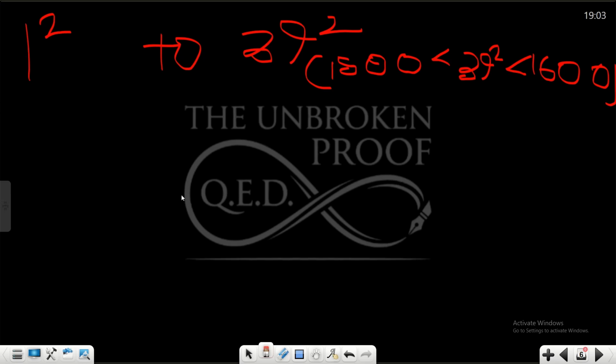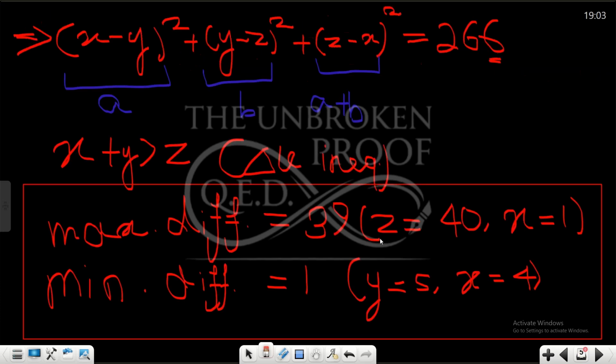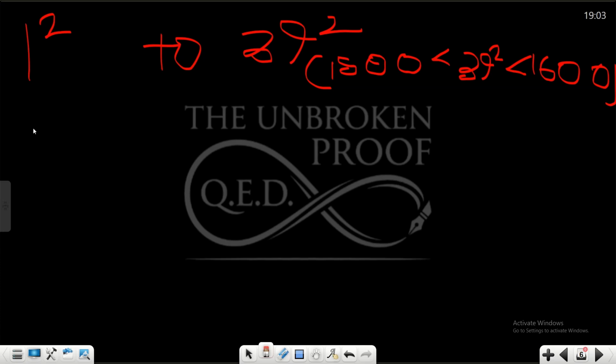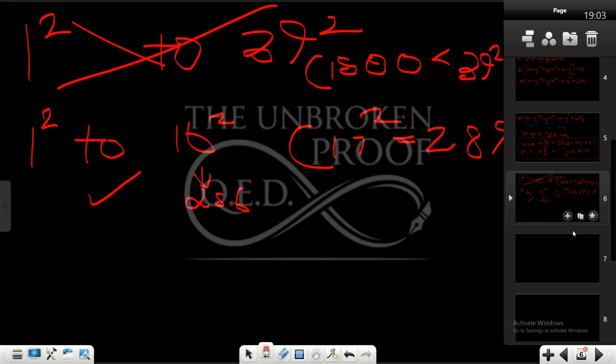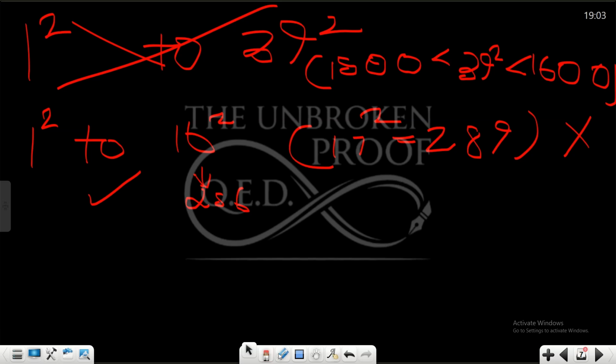Then how much can we take? Very simple. Because the sum is 266, the maximum square can be 16 square, which gives you 256. If you take 17 square, that gives 289, which is not possible for that equation. So the differences we are going to take are from 1 square to 16 square. I hope you have got this observation. Very simple observation, no big deal.